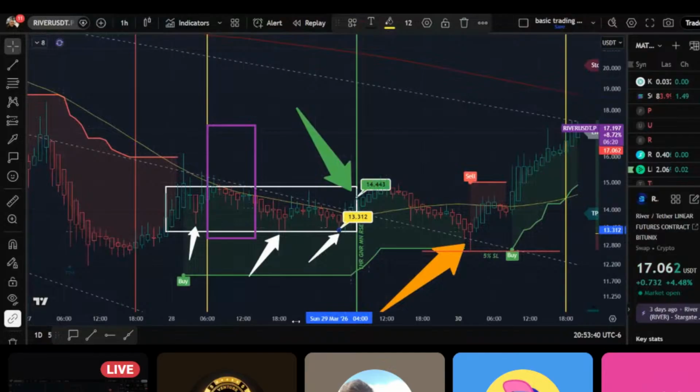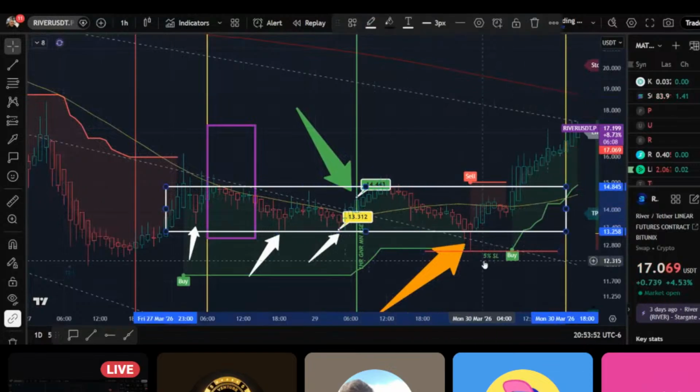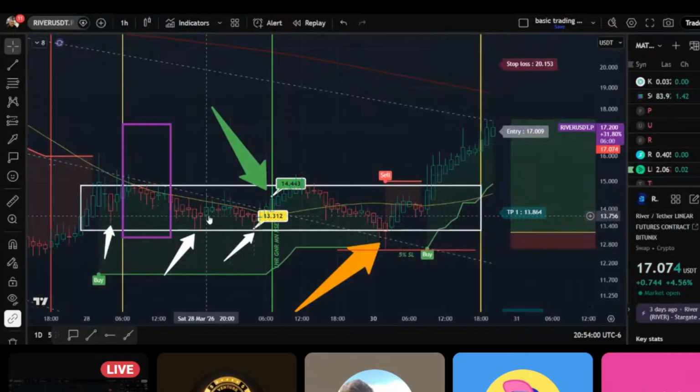So what we do here, because of the way we're looking at this coin after looking at how it repeats, is this white box could represent what most people call building momentum, sideways action. I call it a cluster because it just clusters up and down. It's a parallel channel.